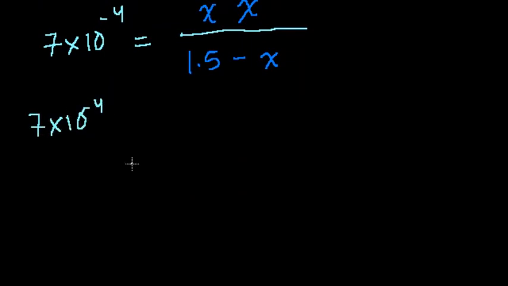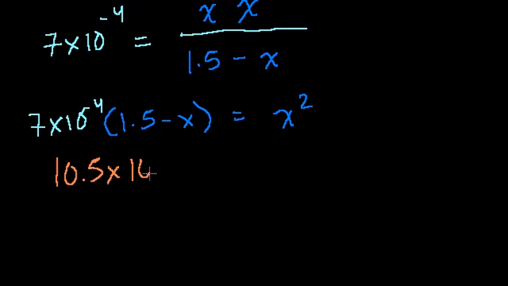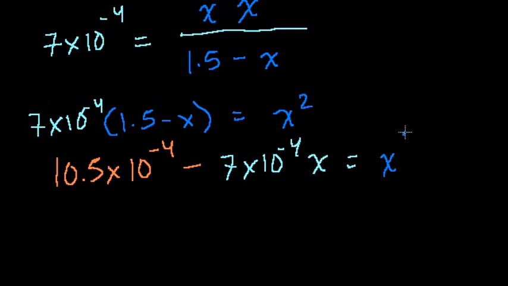So we get 7 times 10 to the minus 4th. Let's multiply both sides times (1.5 minus X): 7 times 10 to the minus 4th times (1.5 minus X) is equal to X times X, which is X squared. Multiplying, 7 times 1.5 is 10.5, so we have 10.5 times 10 to the minus 4th minus 7 times 10 to the minus 4th X is equal to X squared. This looks complicated, but it's just a quadratic equation.